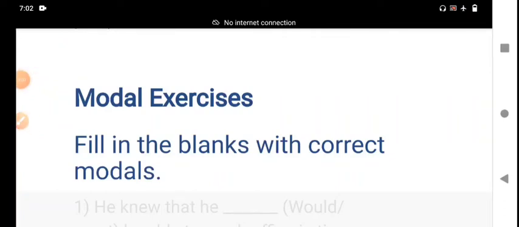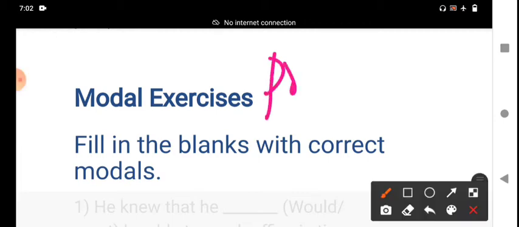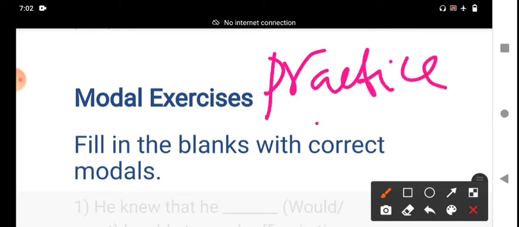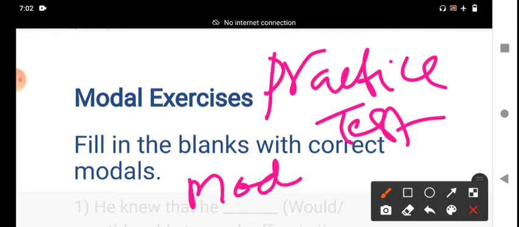In today's session, I am ready to teach you a practice explanation of a practice test on modal verbs.